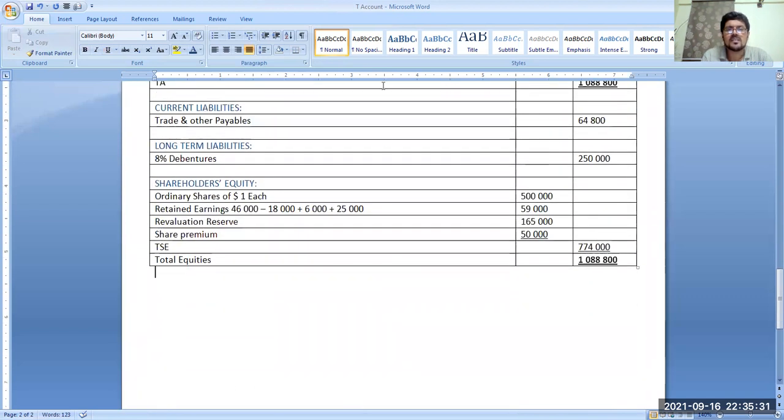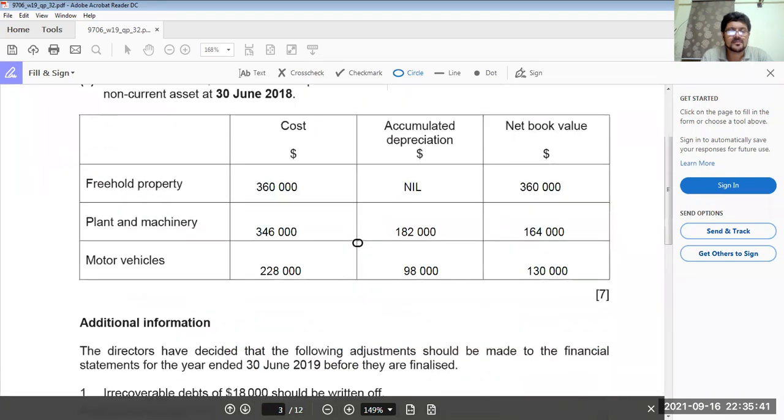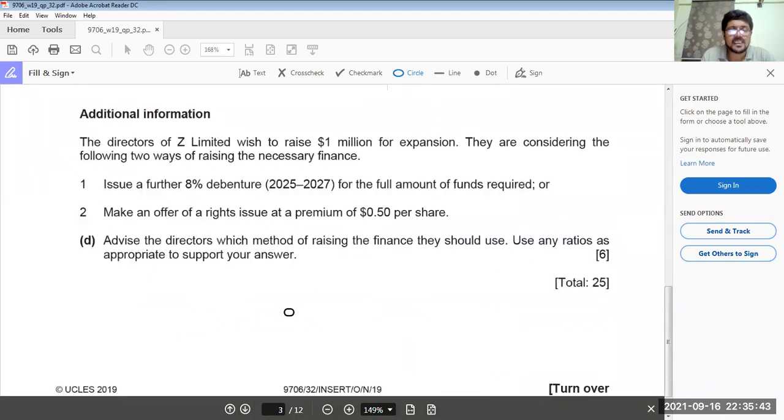Now move to our question. The directors of Z Limited wish to raise $1 million for expansion. They are considering the following two ways of raising the necessary finance.